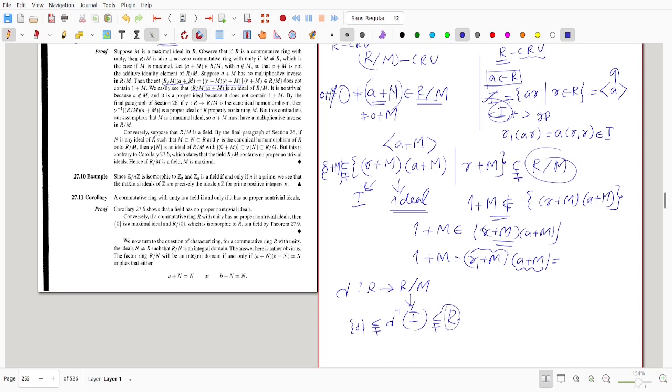So we have an ideal, and this is properly contained in it.